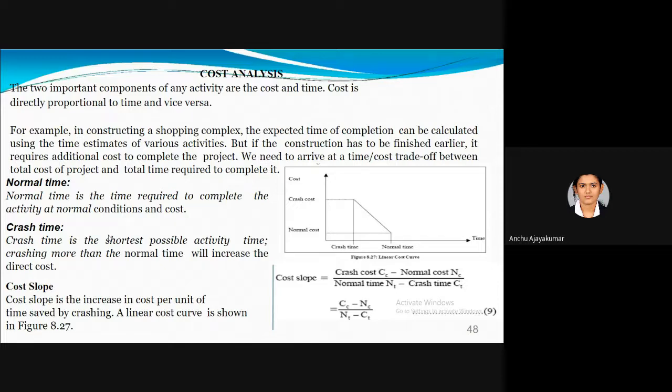That time and that cost are known as crash time and crash cost. The ratio of these is known as cost slope. The equation is direct: crash cost minus normal cost divided by normal time minus crash time. That is the cost slope.